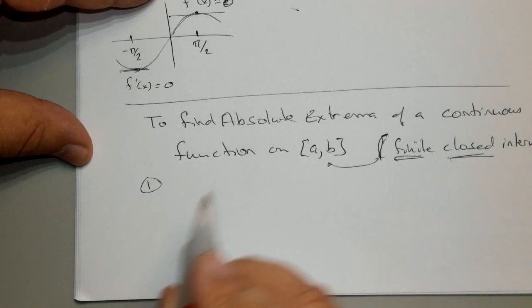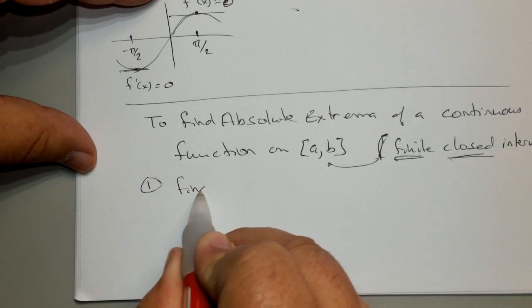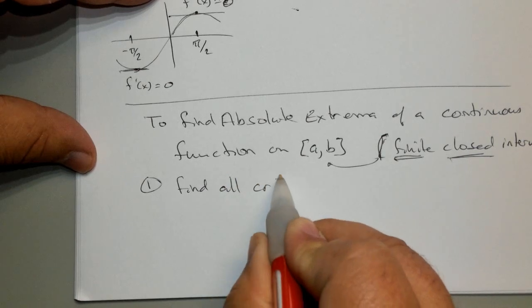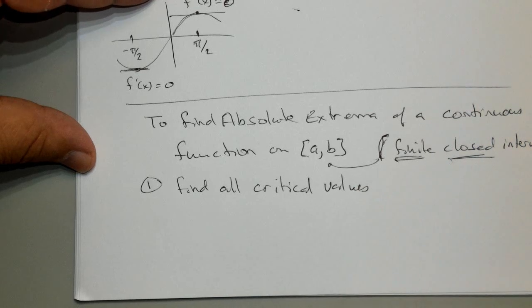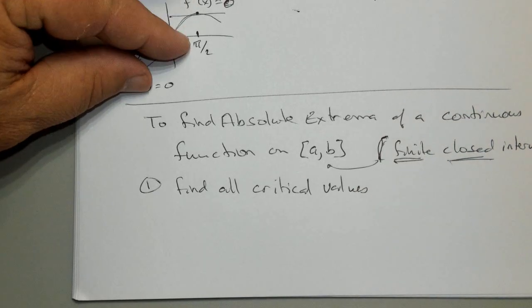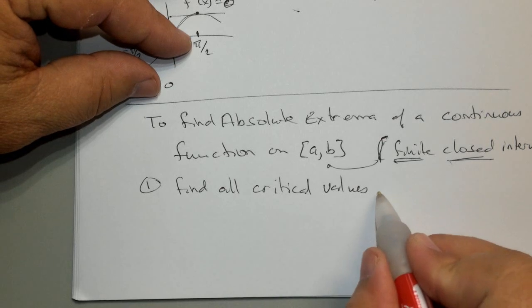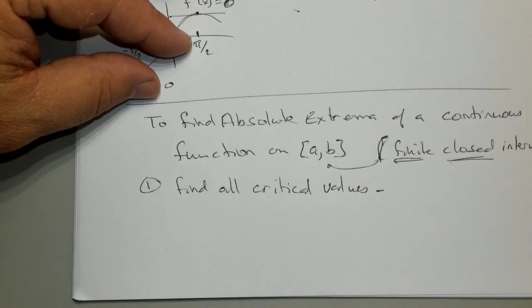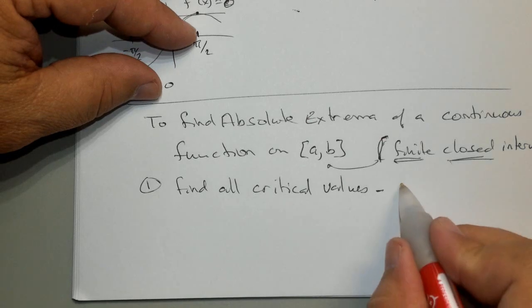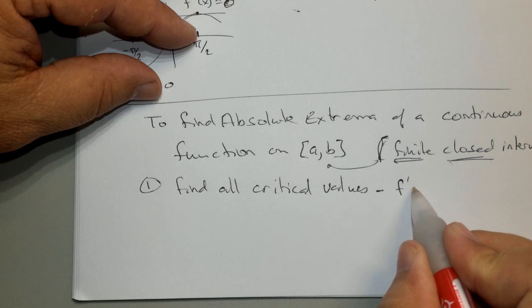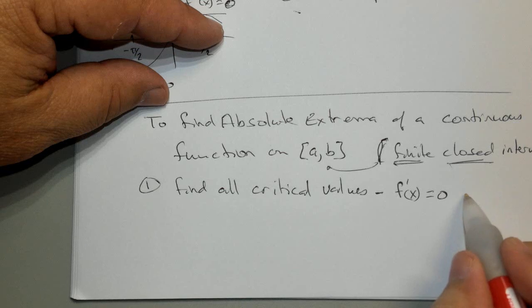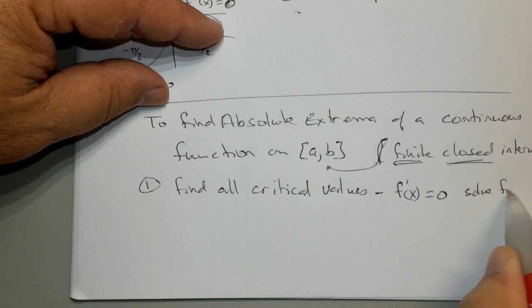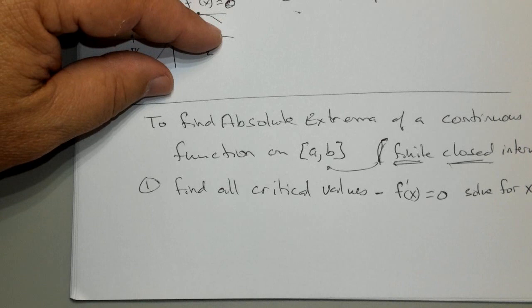So, to find those, the first thing we do is find all critical values. How do you find critical values? Take the first derivative, set it equal to 0, and solve for x.